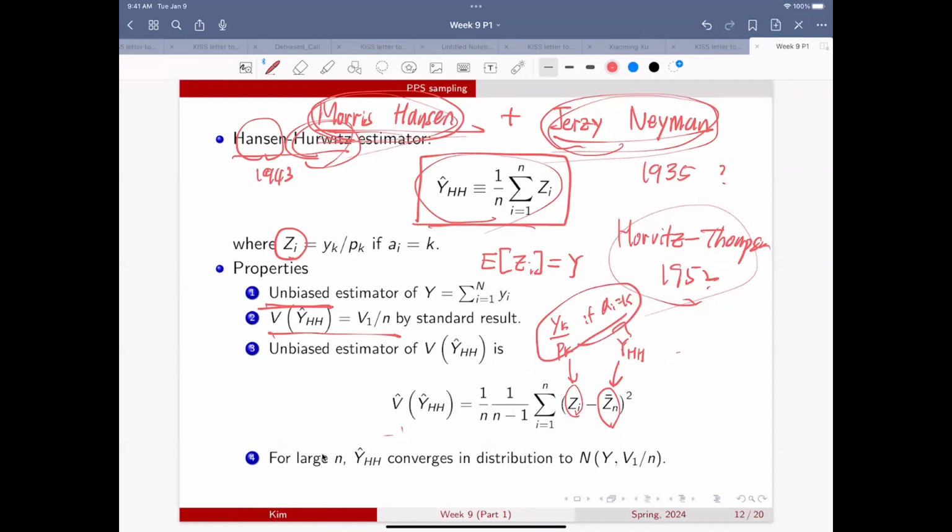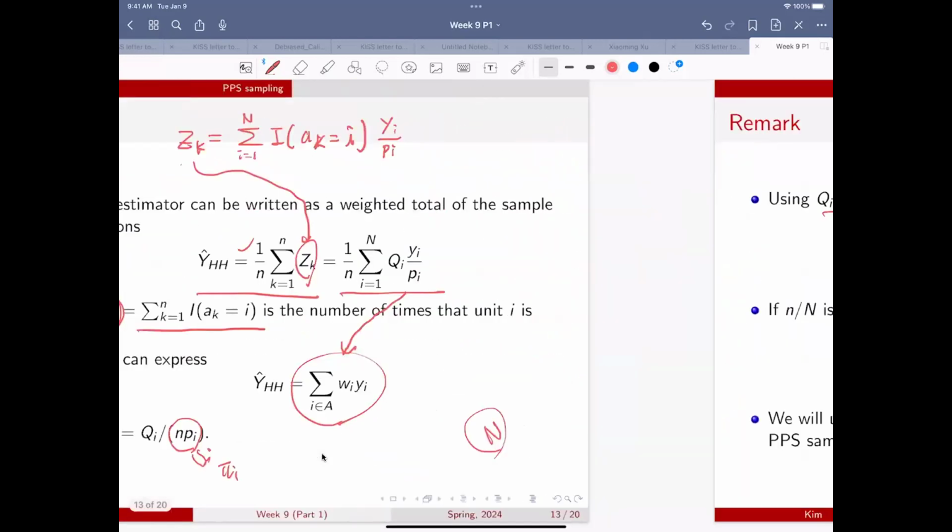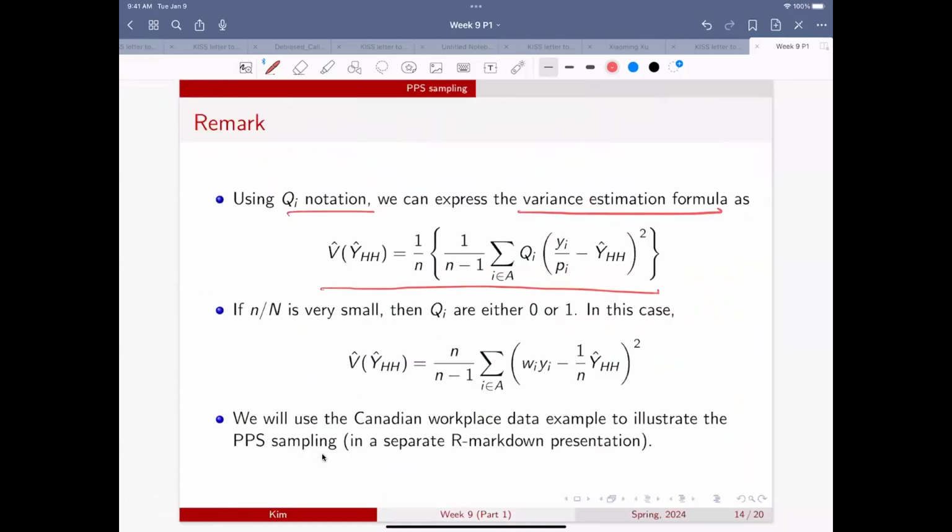So if ai, so i's row, is equal to k, this is this. So then you can essentially let's write it. Well, not exactly true. Let me write it again.